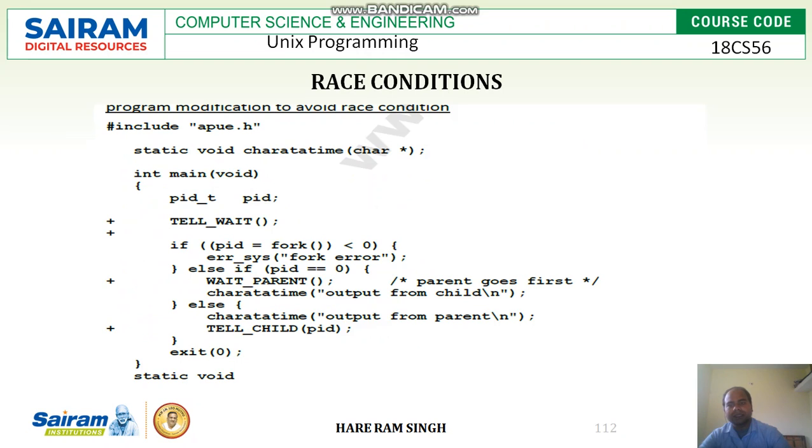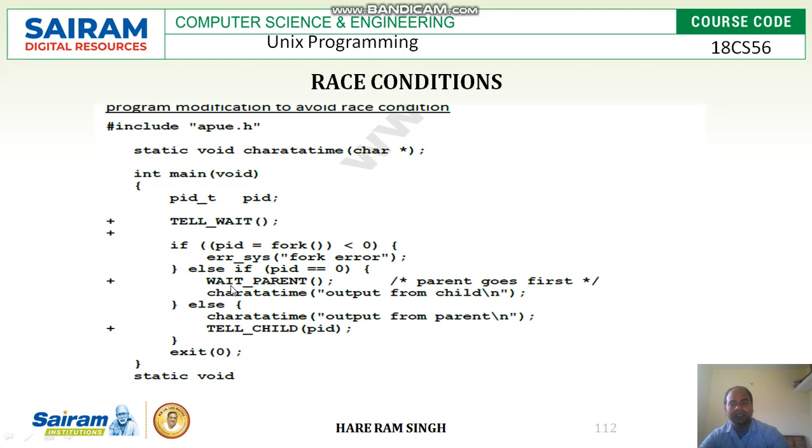How to avoid the race condition? The same program we will write once again. Prototype charatatime(char *), integer main, pid_t pid, and TELL_WAIT function will be called. If pid is less than 0, when we create the child process, then the error is fork error. Else if pid equal to 0, that is the child process, WAIT_PARENT will make the child process wait for the parent.